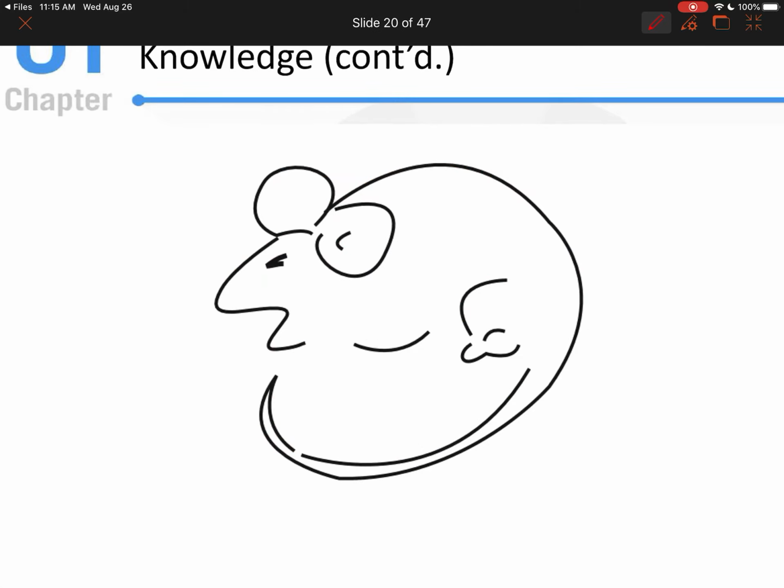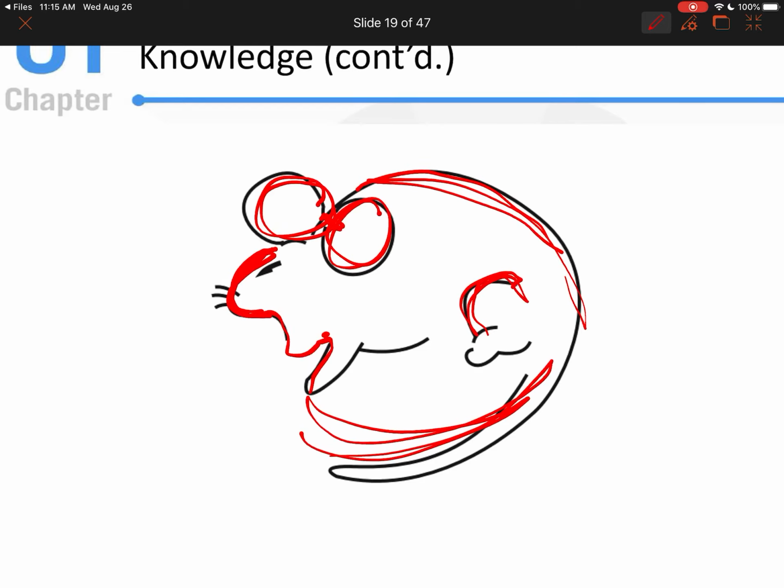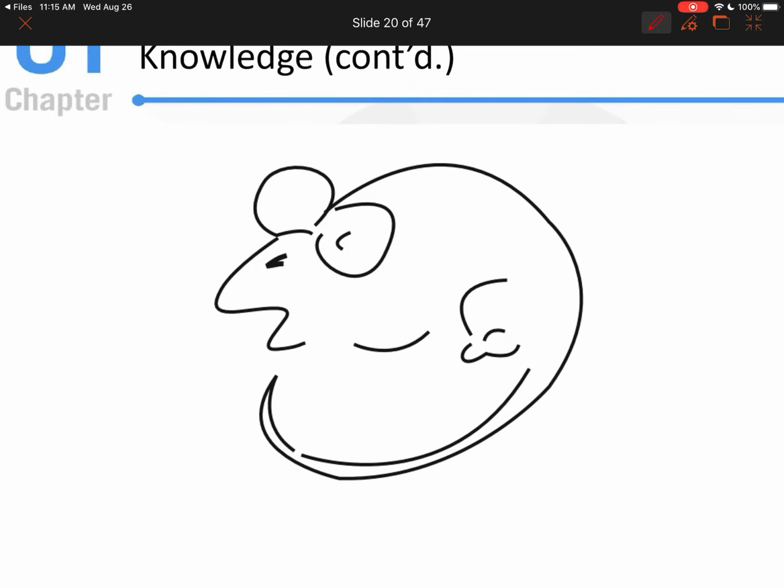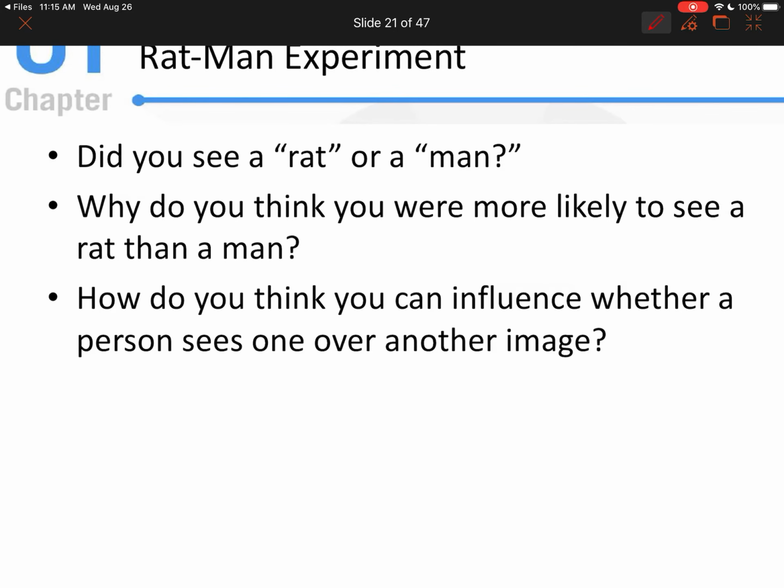Now, the picture that I showed you looks more like a rat than a man, right? Okay. This right here can actually prime you to see one over the other.